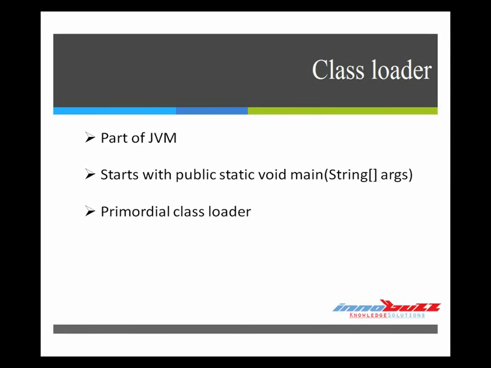It is written in a native language, for example in C. The primordial loader has access to a specific set of so-called trusted classes. These are the classes that can be run by the JVM without going through the process of verification that we are going to talk about in the next slide.